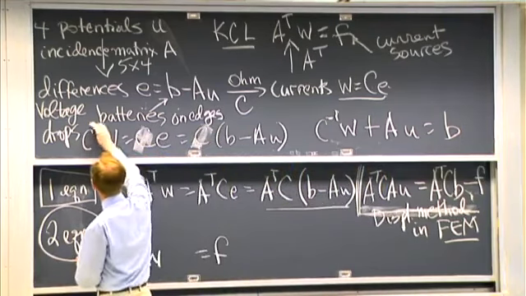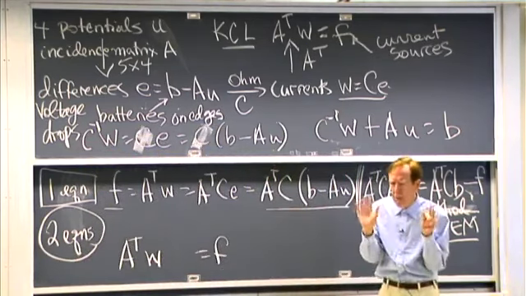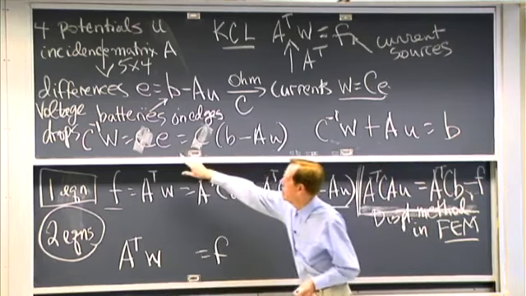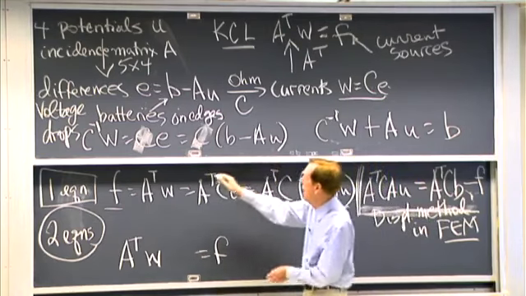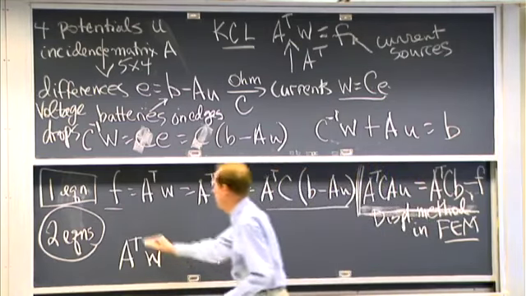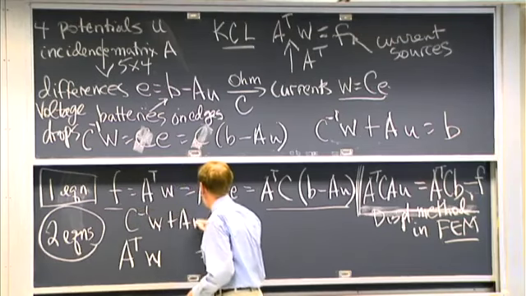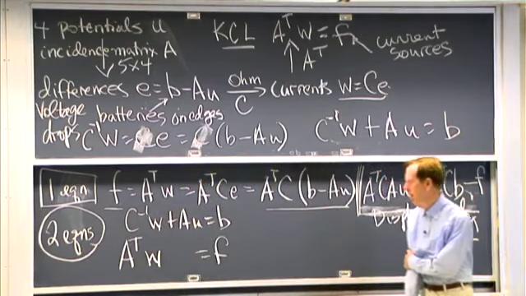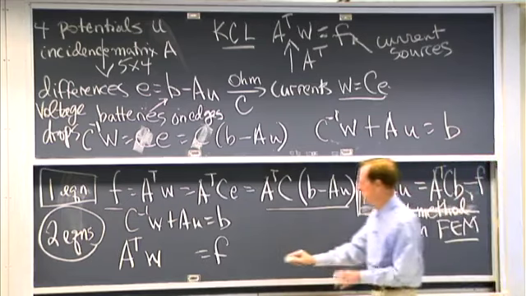I did a C inverse there to get E by itself, and then I substituted for E. I put in the U part, so E is now gone, and the equation is C inverse W plus AU equals B. That's my two-field system.